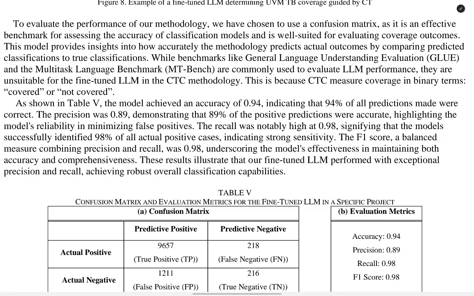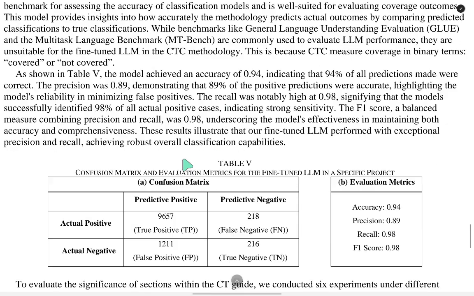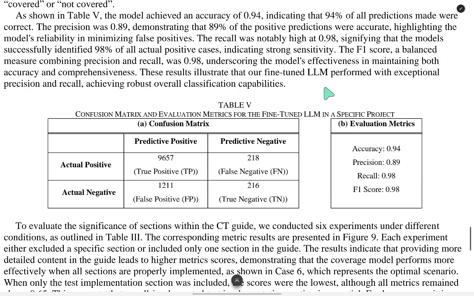The F1 score, a balanced measure combining precision and recall, was 0.98, underscoring the model's effectiveness in maintaining both accuracy and comprehensiveness. These results illustrate that our fine-tuned LLM performed with exceptional precision and recall, achieving robust overall classification capabilities.